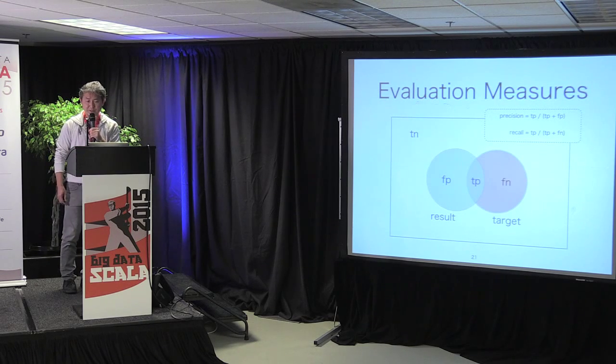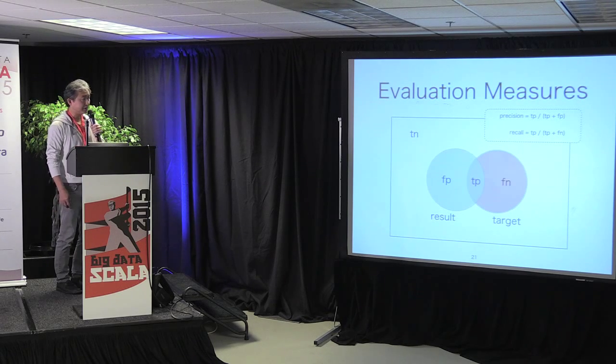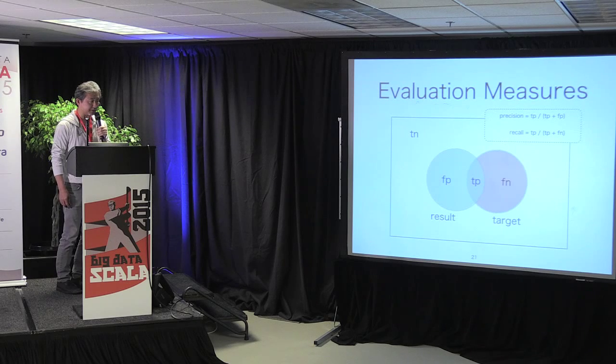To calculate the precision, you use the first formula, TP over TP plus FP, or instead, TP divided by the size of the result set, the blue circle. For example, if you make a query and the search engine returns 100 documents, but you find only 3 documents that satisfy your expectation, then the precision is 3%.